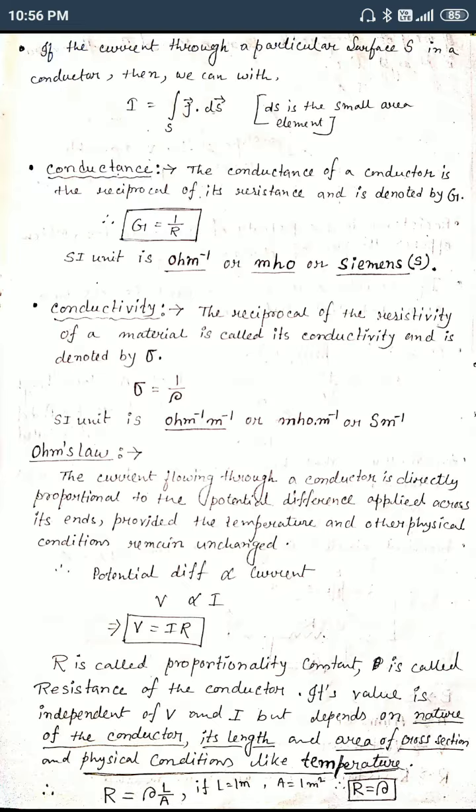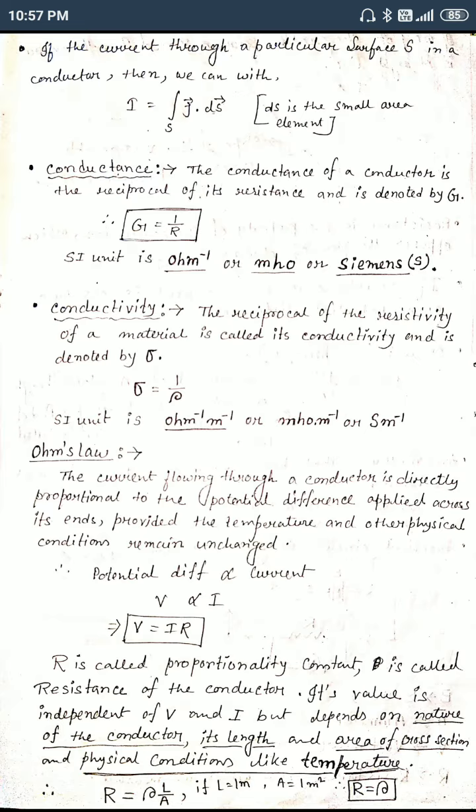Here also, to find the current through a large surface, we first consider a small area element ds and ask how much charge flows through it per second, which gives us the current density. So we can write I equals the surface integral of j dot ds. ds is a very small area element, so if we integrate ds we get the total surface S of the conductor.